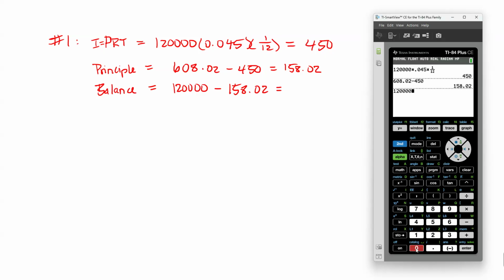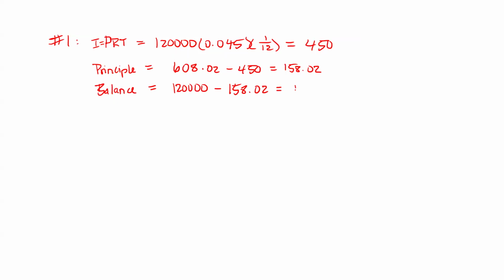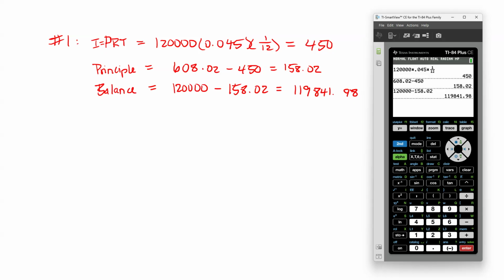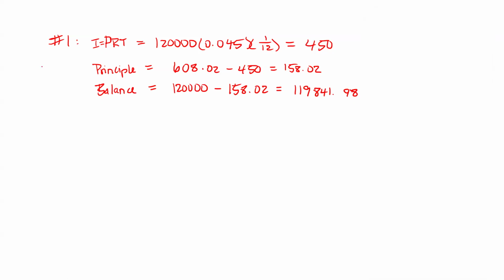Loan amount minus our principal. Okay, so we have $119,841.98. All right. I'm going to make sure I wrote that down right. Yep, 98 cents. Great. So that's the first month.